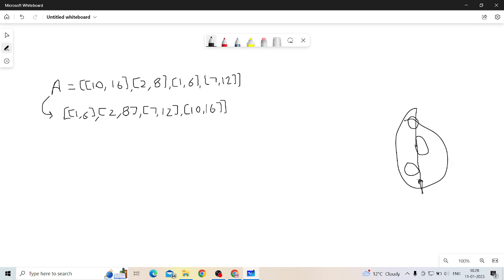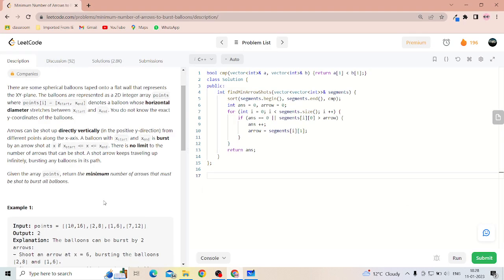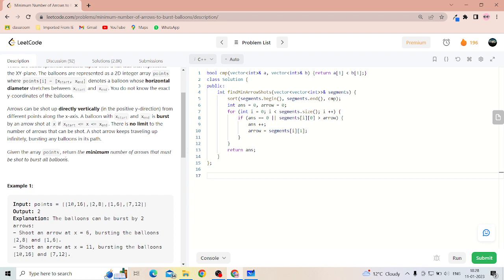All three balloons will be burst by this one arrow. So given the array points, return the minimum number of arrows that must be shot to burst all balloons. We have to burst all balloons with the minimum number of arrows.